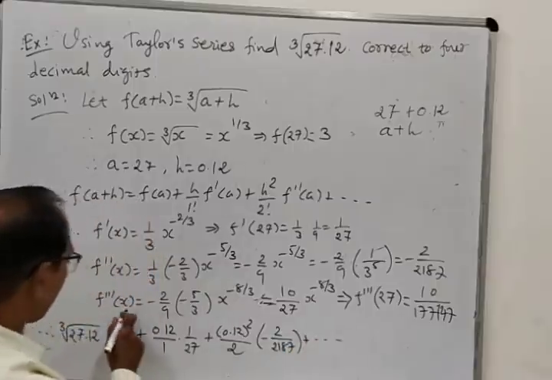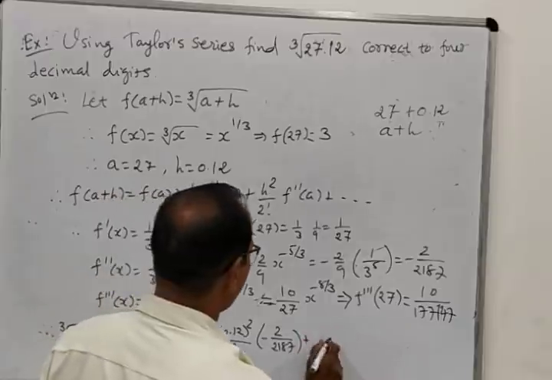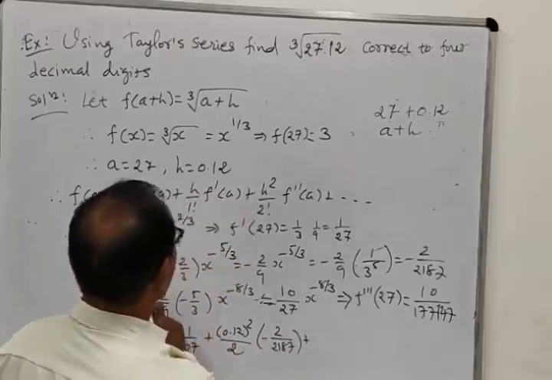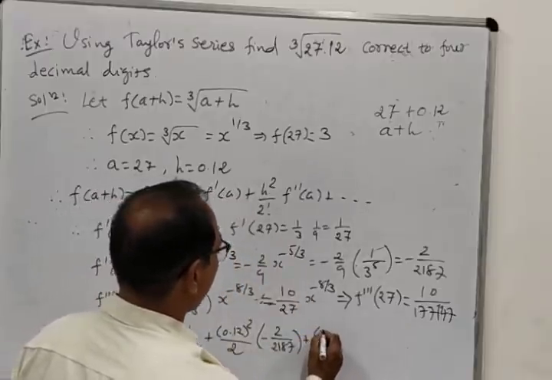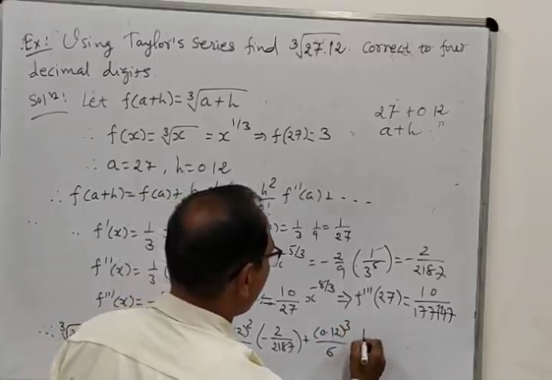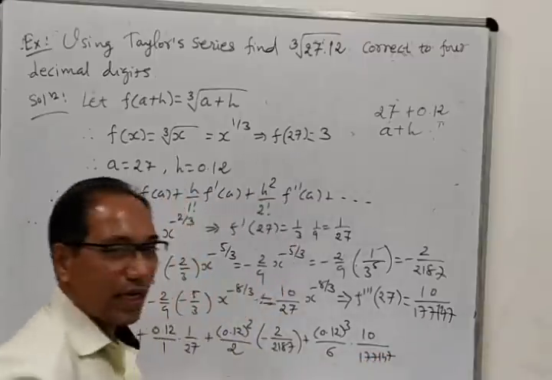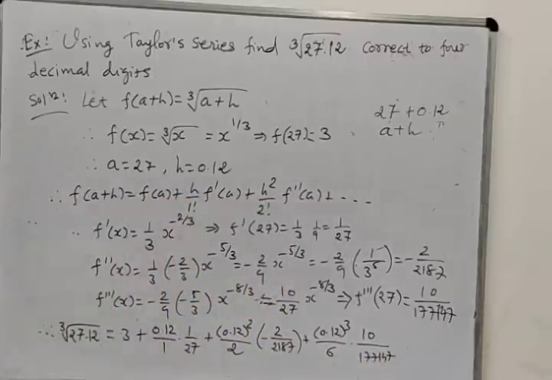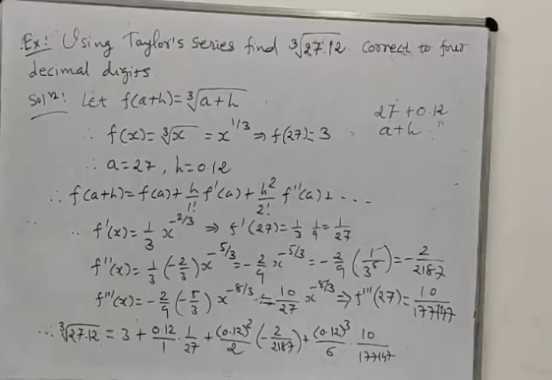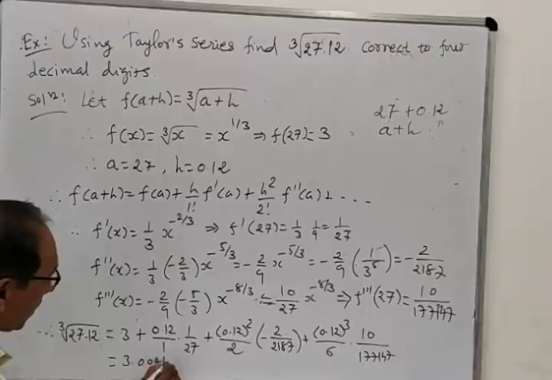And then you can also put the third value. For f triple dash a, 0.12 whole cube by 3 factorial, which means 6, and the value is 10 upon 177147. No need to write plus dot dot dot because here we are finding the approximate value, and the value you will get is 3.00443.